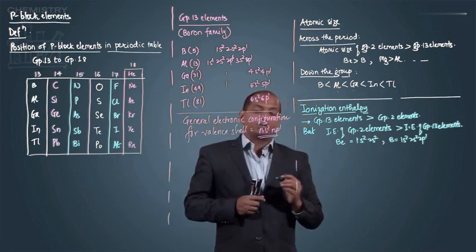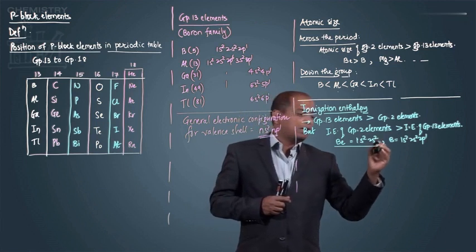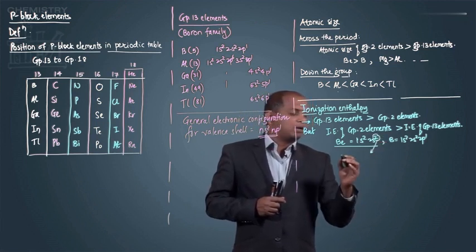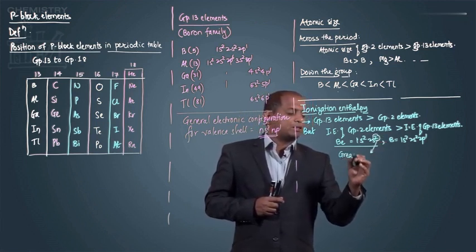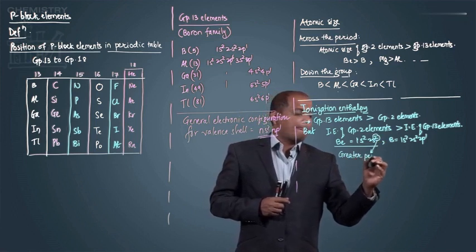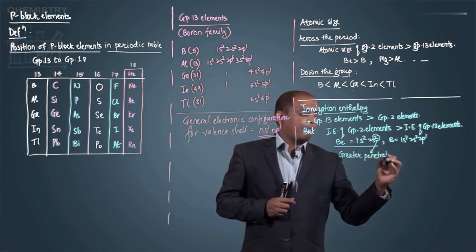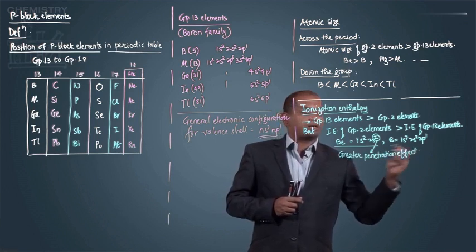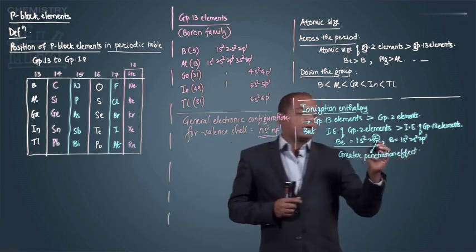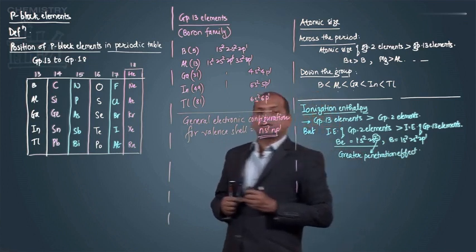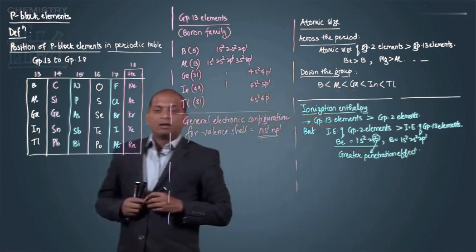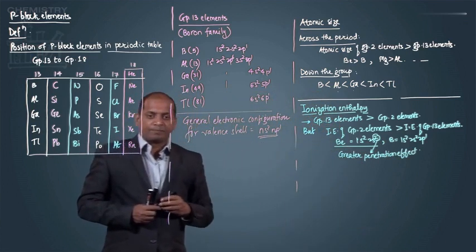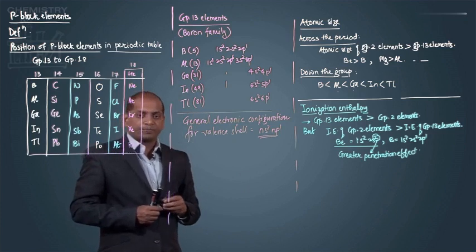So I can say this way, here this electron has a greater penetration effect, and because of it, here we require more ionization enthalpy, which is unexpected, which is abnormal.